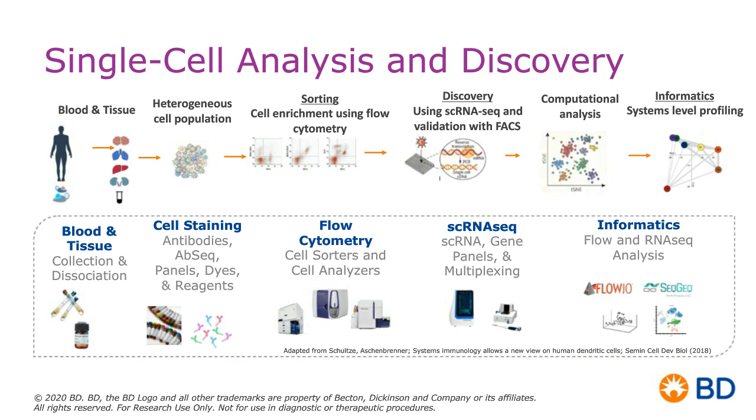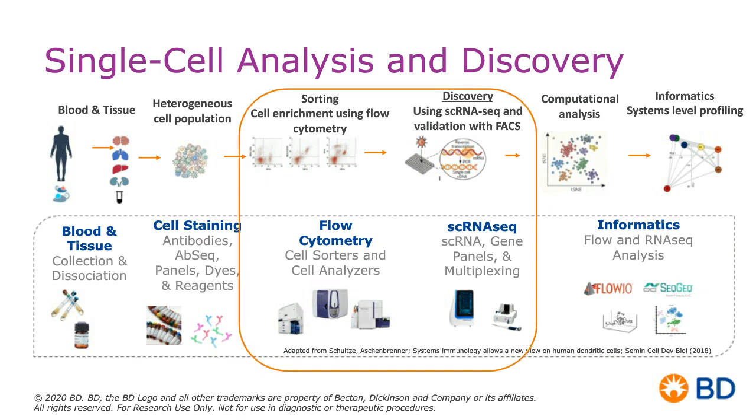And that's where our informatics solution, which incorporates both FlowJo and the single-cell analysis platform SeqGeq, which is integrated into FlowJo, enables our researchers to take their sample all the way from sample collection to a high-level, system-level profiling using bioinformatics tools.